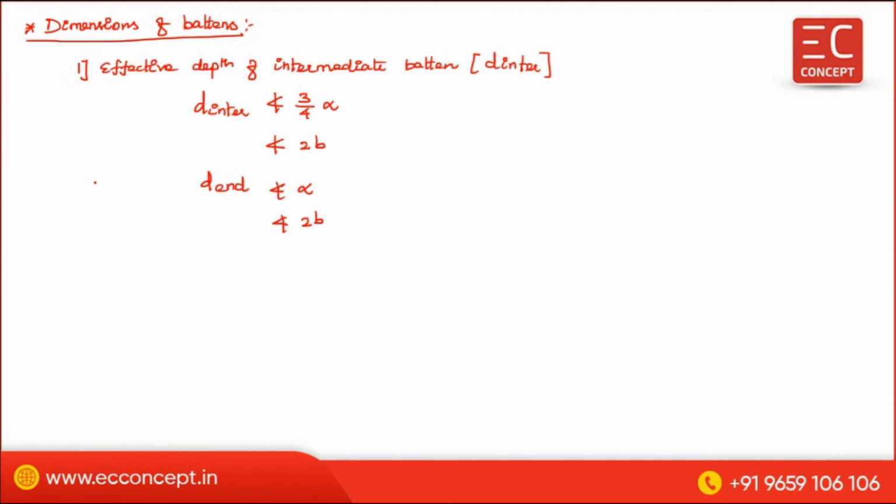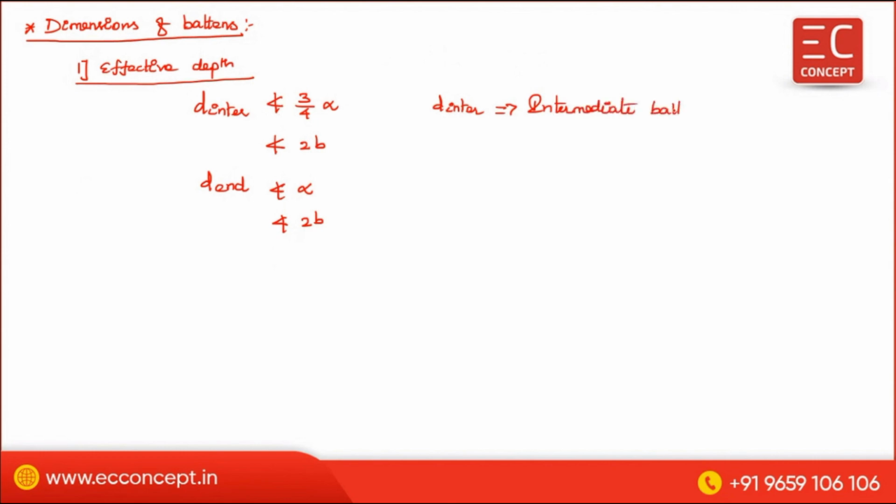This is the end. So I have to write only effective depth. First one is effective depth. D inter means intermediate batten, D end means end batten.